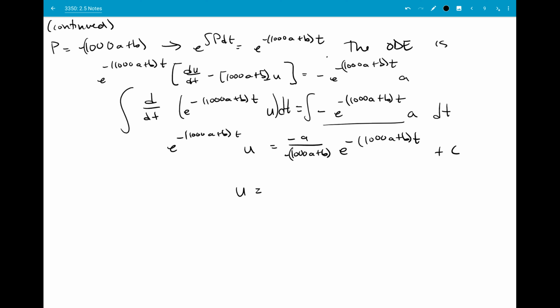So u is going to be a over (1000a plus b). The e's cancel out when I multiply by e to the positive (1000a plus b) t. And my C gets that in front of it. So I was just isolating u.